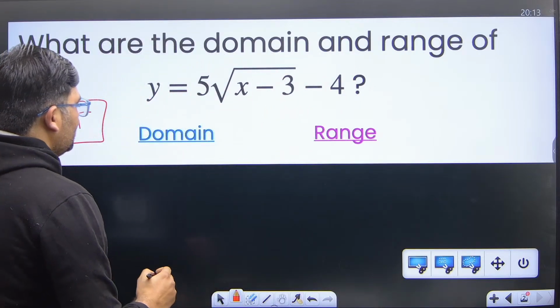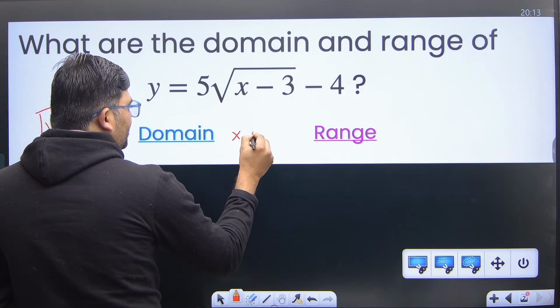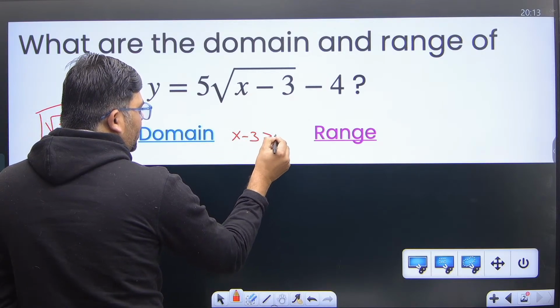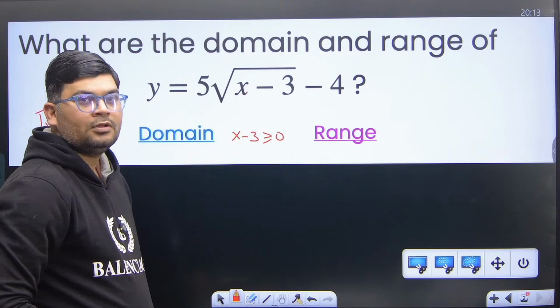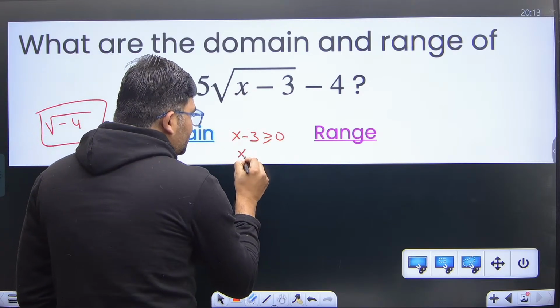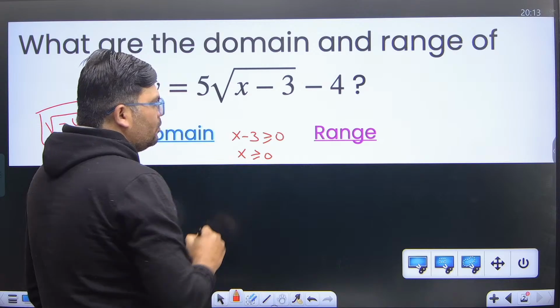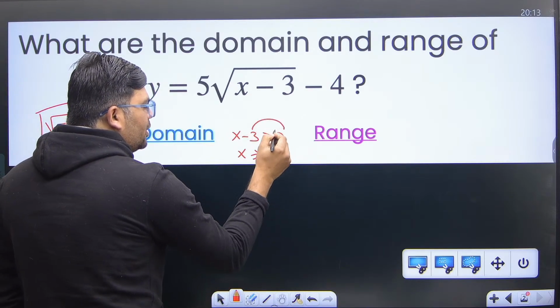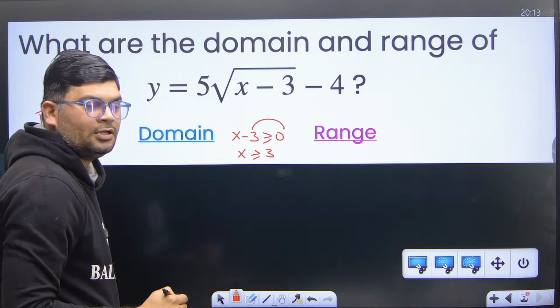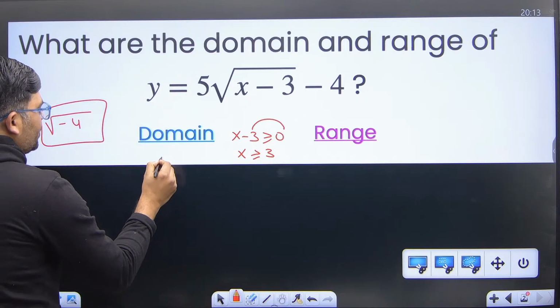That means x minus 3 must be greater than or equal to 0. So x must be greater than or equal to 3, because the 3 goes to the other side. So what is the domain of this function?